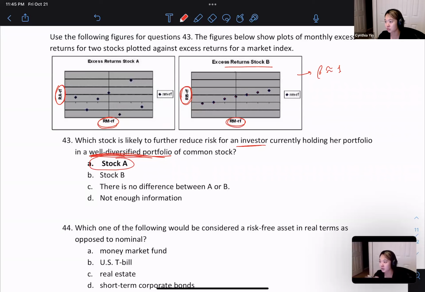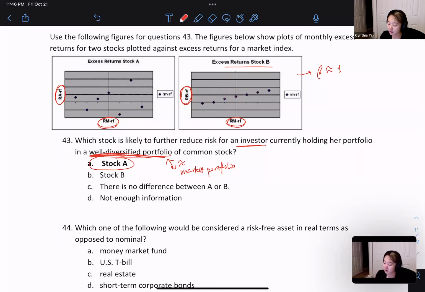It might be very similar to the market portfolio already. Then including stock B will not be helpful because there will be no diversification at all. Let me repeat it. Think of the well-diversified portfolio as similar to the market portfolio, because the market portfolio is the most well-diversified portfolio. It reflects the whole aggregate stock market.